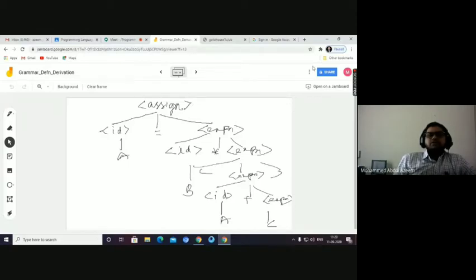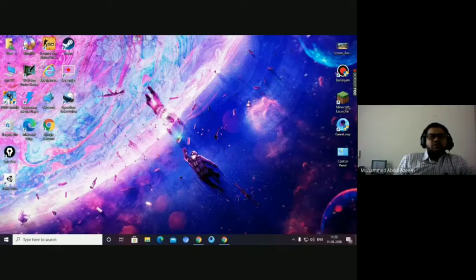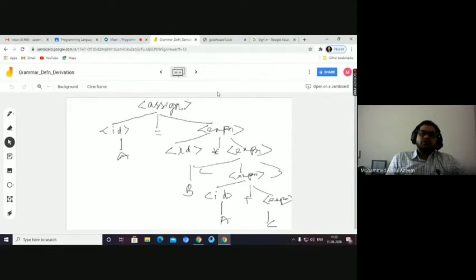So this root is the node from where you start traversing the tree. This is your root, Assign. So this assign is expanded with ID equal to an expression. So this ID is being expanded with A.